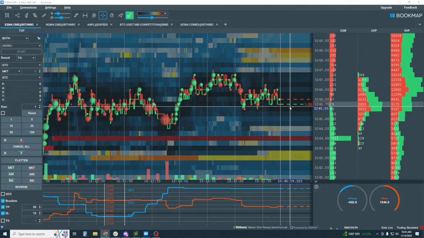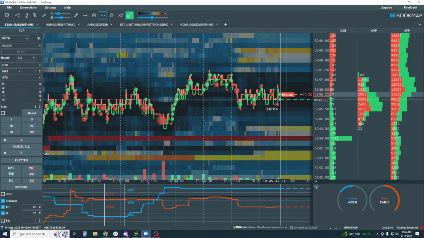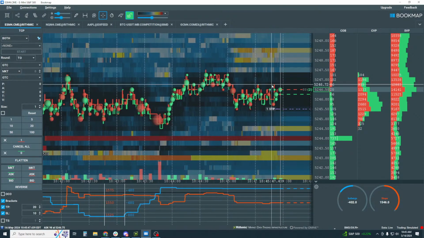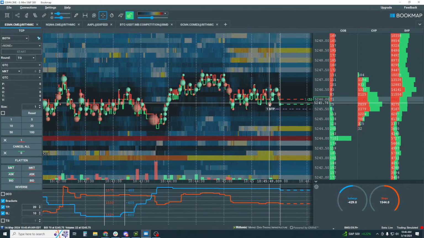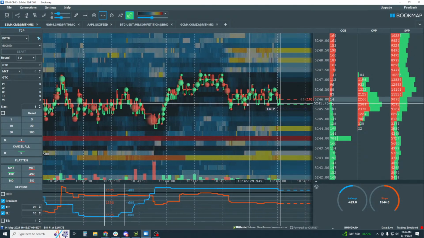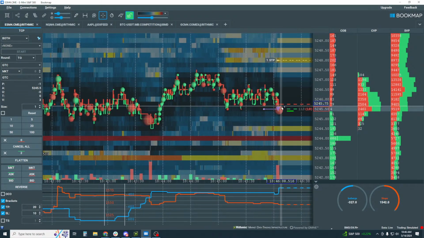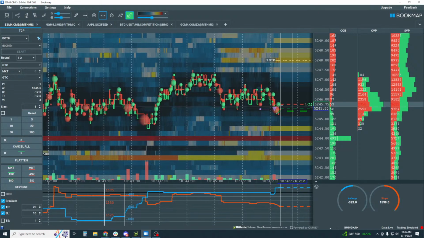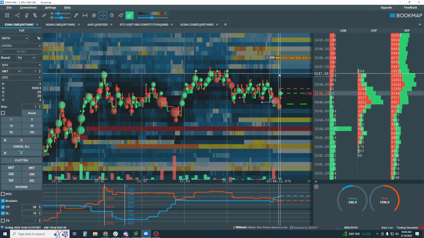All right, we can give it a shot here. Looking for some exhaustion up here, not looking for buyers to lift this. Looking for sellers on the bottom edge here. Now, we don't have a lot of criteria here for sellers to take us into it. Now we do. I mean, more, but that's what took us into the trade. We want to see that kind of lined up before we're getting involved in the trade.